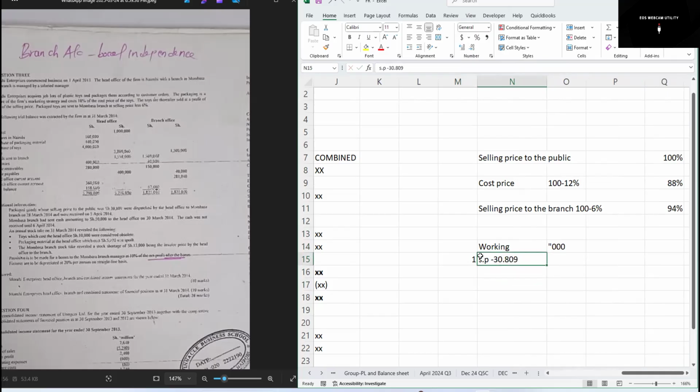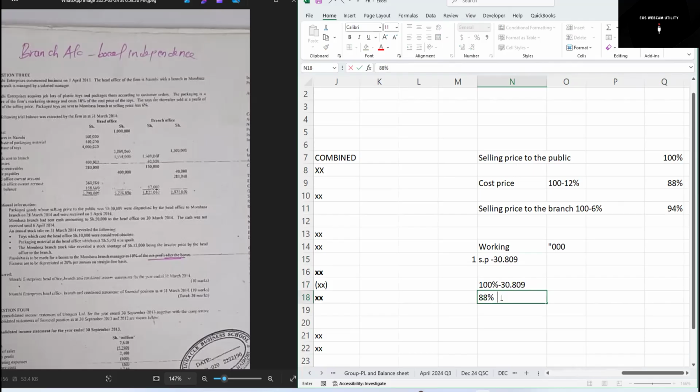Can we get the cost price of this? Yes. So you will say if 100%, which is the selling price, is equivalent to 30.809, what about 88%?